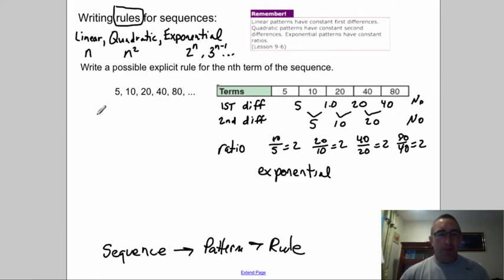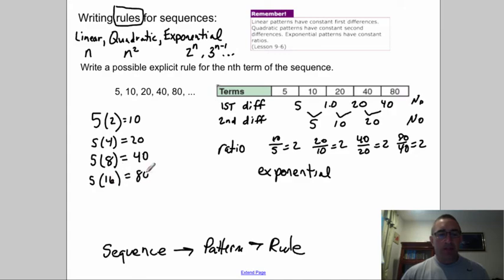So what ends up happening is, if I take 5 times 2, that gives me 10. 5 times 4 gives me 20. 5 times 8 gives me 40. 5 times 16 gives me 80.